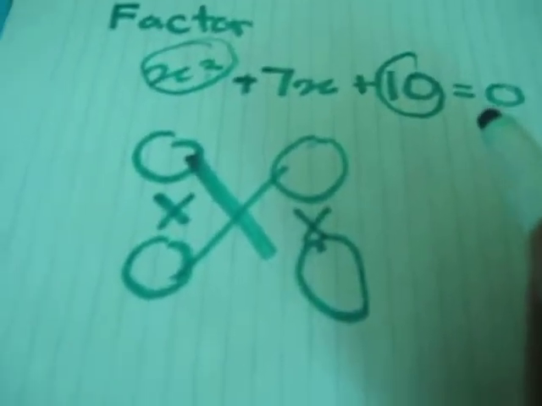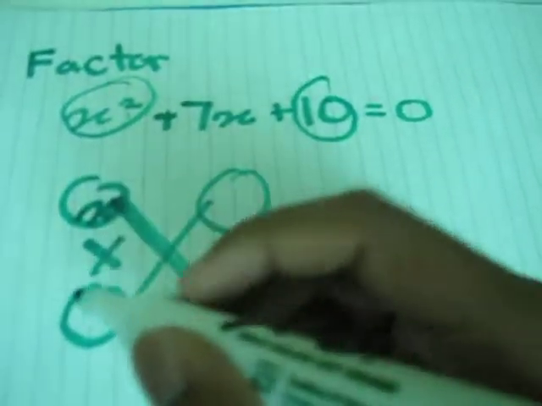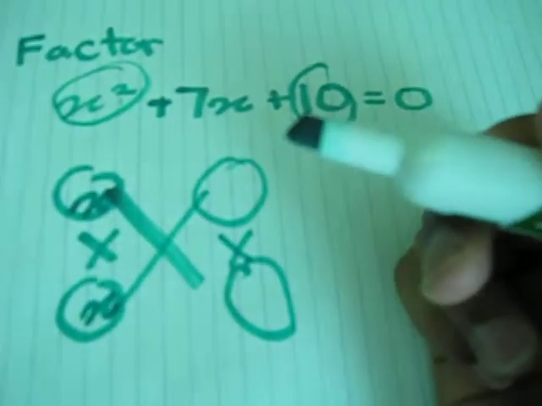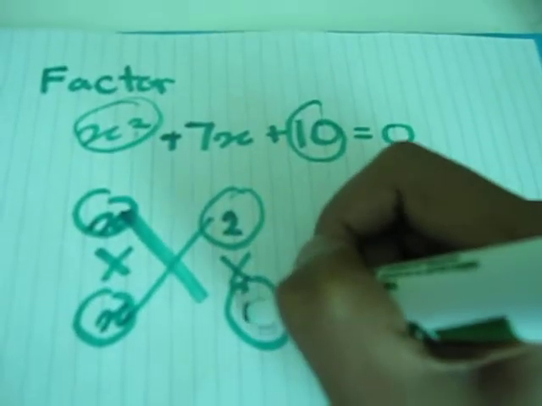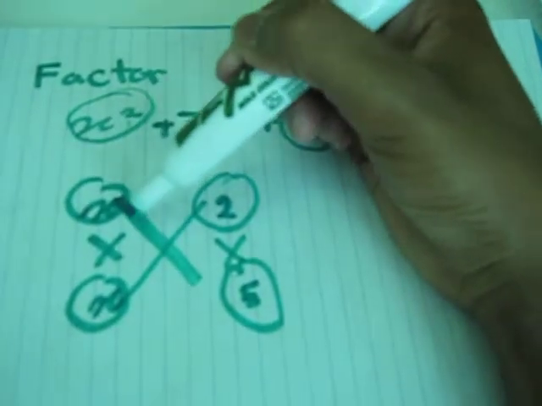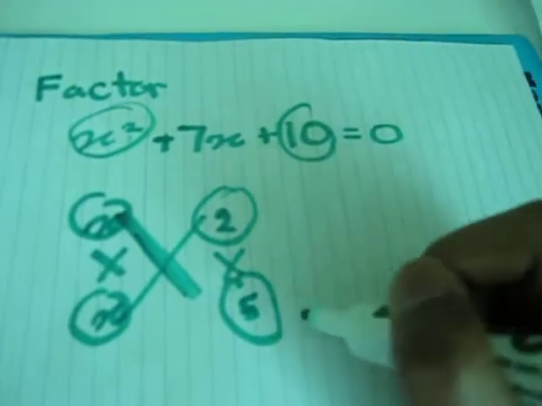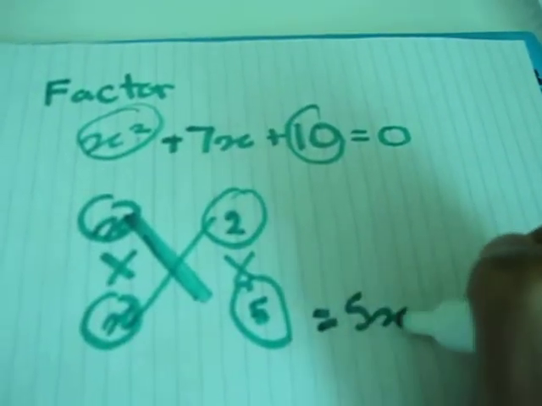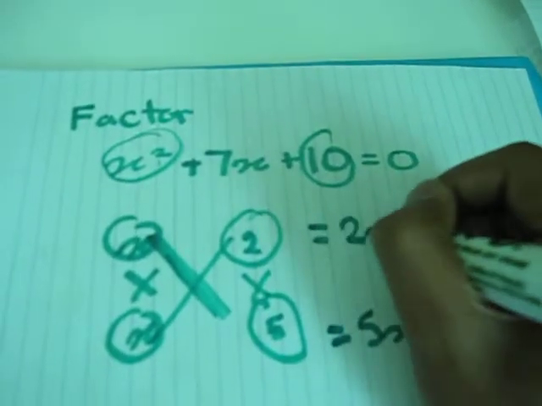So we know to get x squared, we multiply an x and an x. And we know to get a 10, we can multiply a 2 and a 5. So now we're going to go through the crisscross method and multiply in a crisscross. So x times 5 equals 5x, and x times 2 equals 2x.